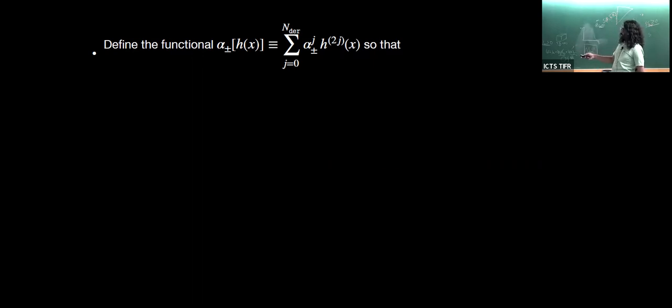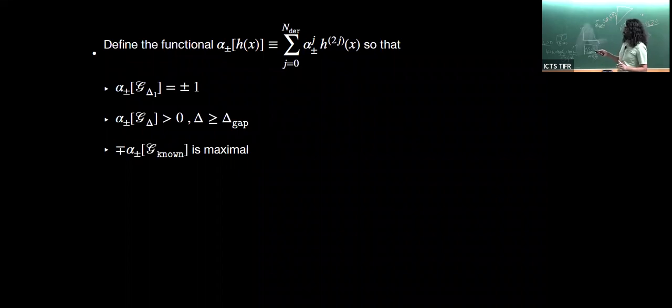We look for functionals alpha plus and alpha minus with the following properties. On the state which we want to study, for the particular structure constant, I want alpha plus or minus to be plus or minus 1.